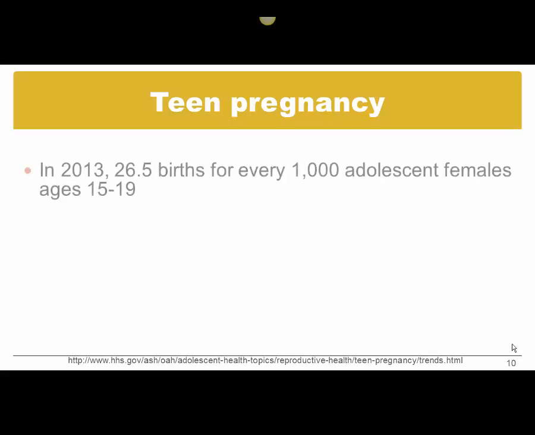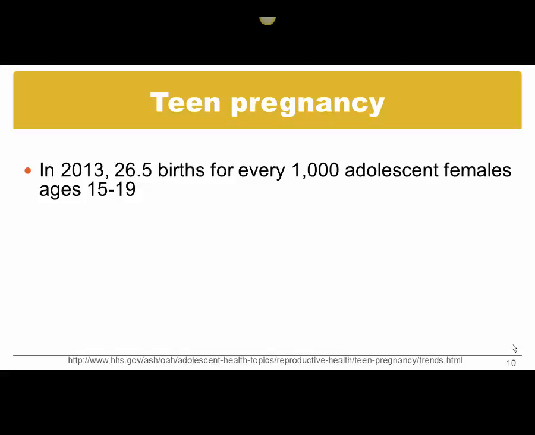Now, teen pregnancy is also a risk factor. Teen pregnancy rates in the United States are substantially higher than those in other Western industrialized nations. So here you have the number for 2013. There were 26.5 births for every 1,000 teenage moms.